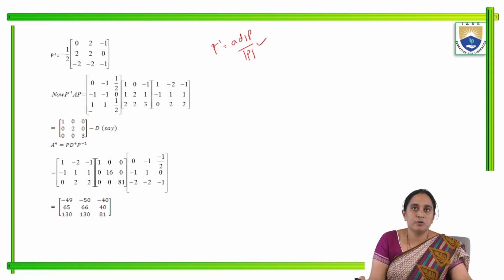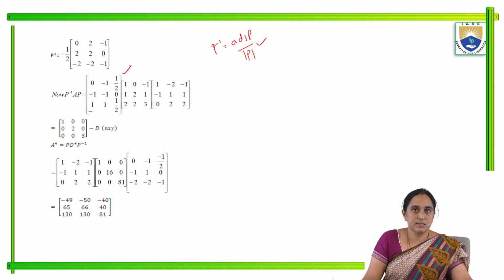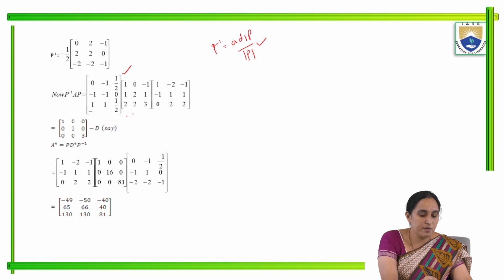From that we get this matrix: 0, -1, 1 by 2, -1, -1, 0, 1, 1, 1 by 2.